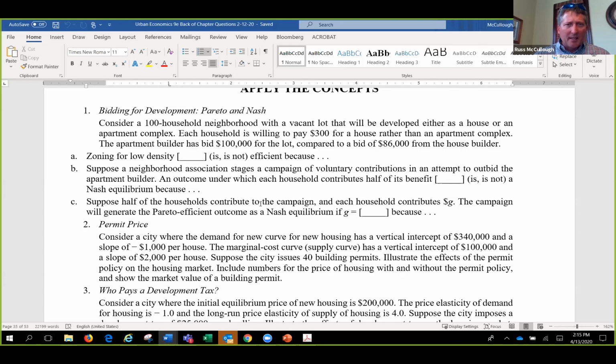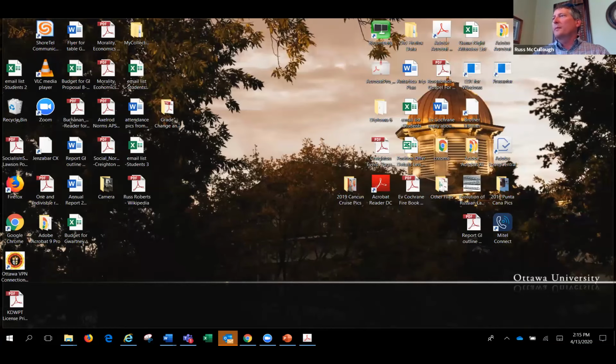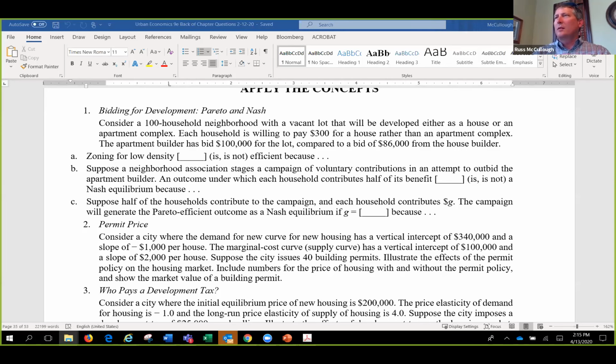Zoning for low density is, let me just pull up the answer thing here. Oh, that's the wrong one. Never mind. I don't have the apply one open. That's what I was trying to do. Give me a second so that if we go over some other problems, I'll have it. You can show my paper if you want to.